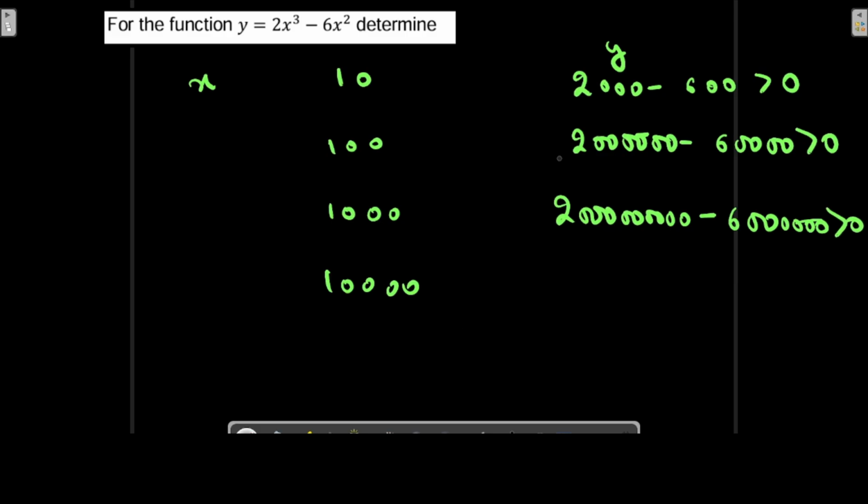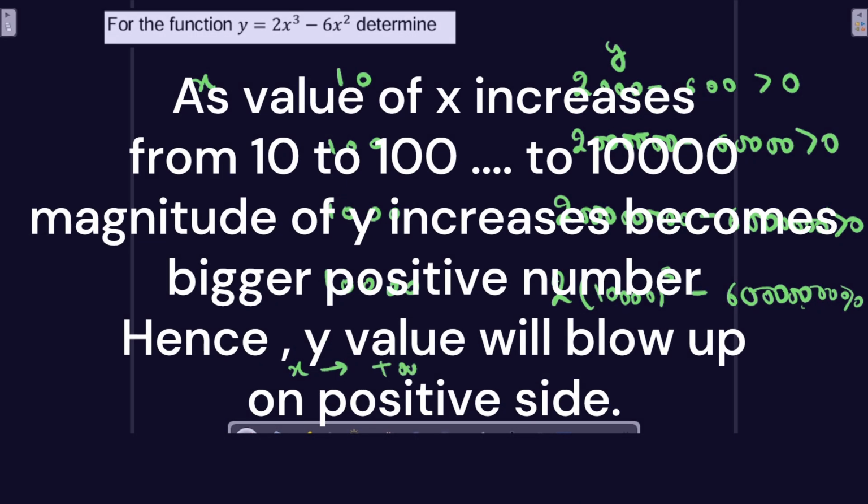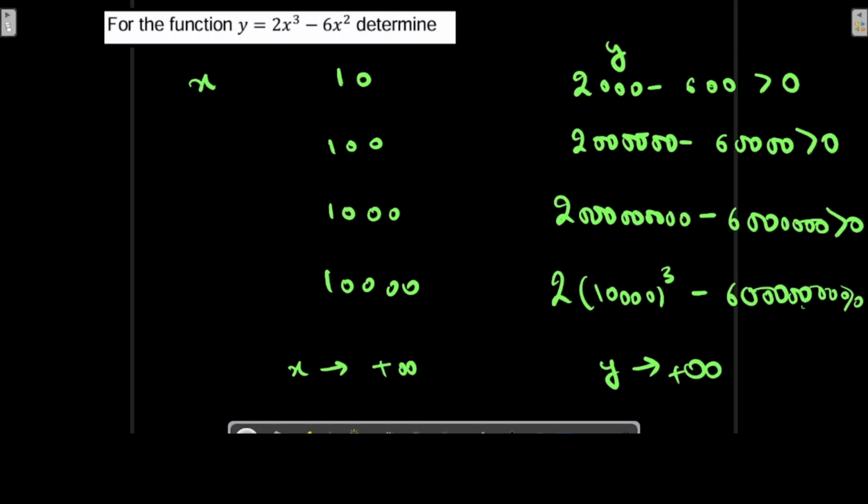For this one also, you can say in the similar fashion that it will be greater than 0. Okay. So can I say on the longer run, as x tends to positive infinity, your y tends to positive infinity, right?